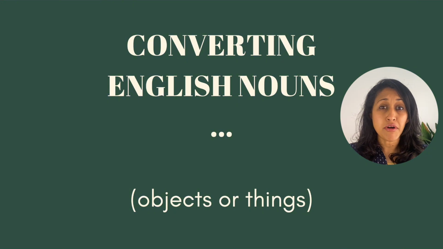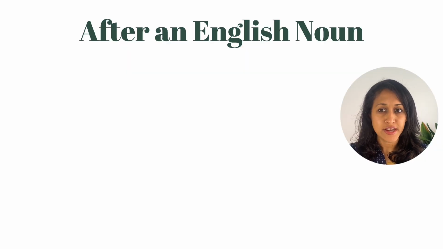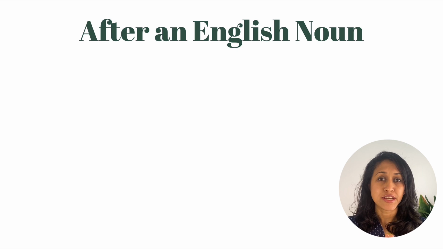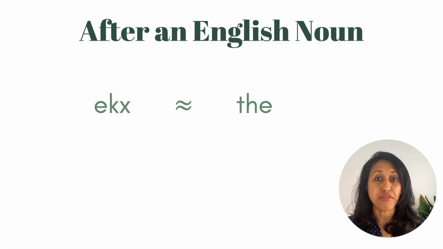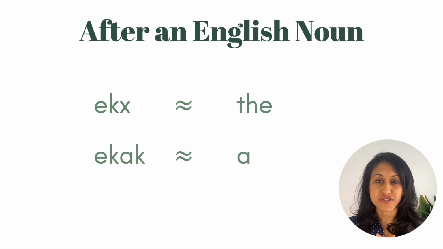If you don't know the name of an object in Sinhala, you can try using the English word, but you still need to add a little suffix so that the Sinhala speaking person will understand you. There are 2 suffixes. We can first add eka, which roughly means the, or we can use ekak, which roughly means a.